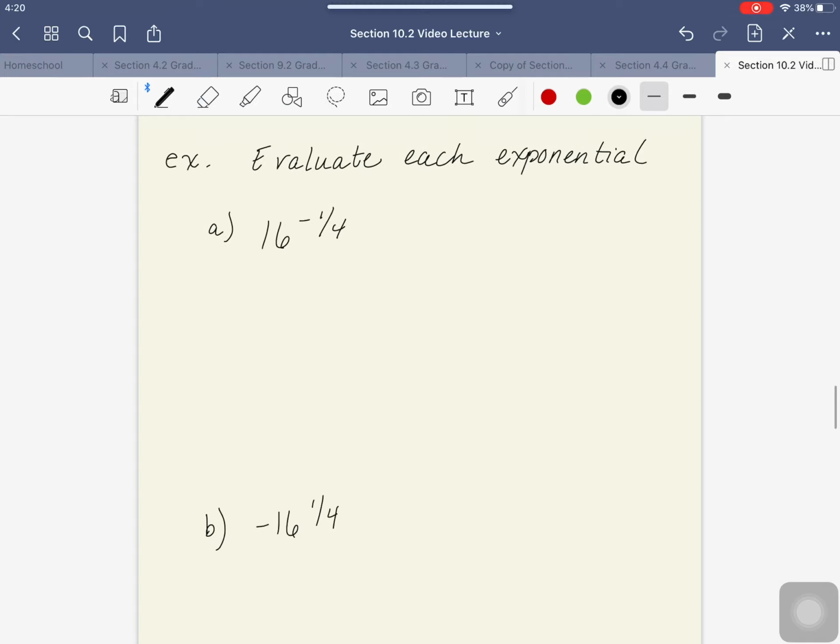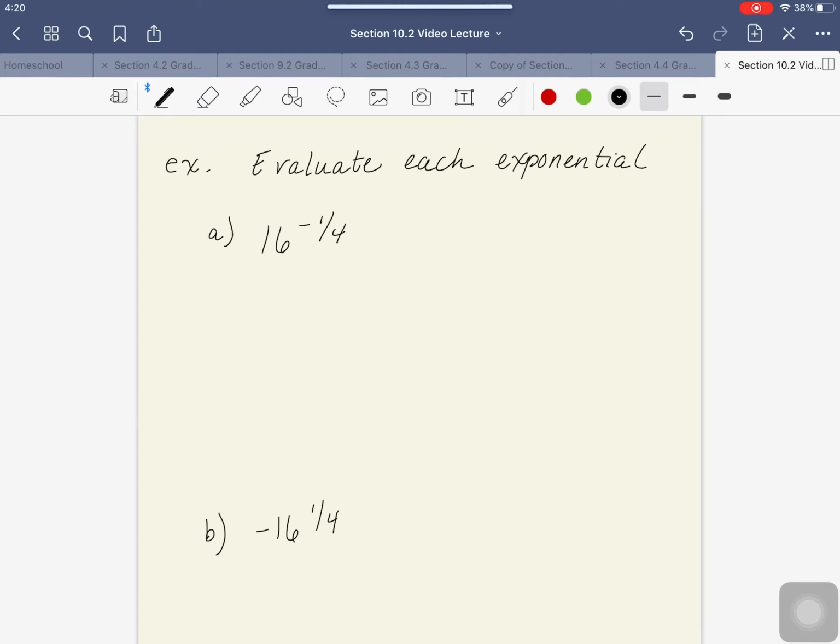All right, I have this example here to show the difference between the two. So if I have 16 to the negative 1/4 power, that means I'm going to rewrite it as 1 over 16 to the 1/4 power. Whenever you have a negative exponent, you want to flip it so that it becomes a positive exponent. So this would be 1 over the 4th root of 16, and that would equal 1/2.